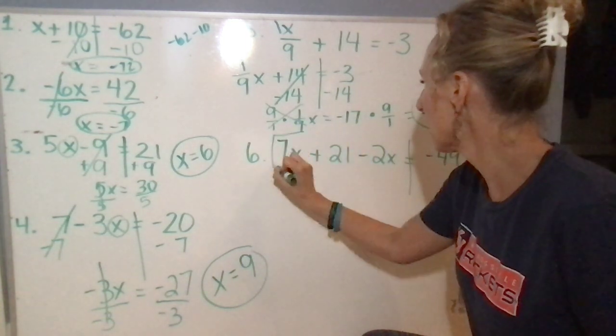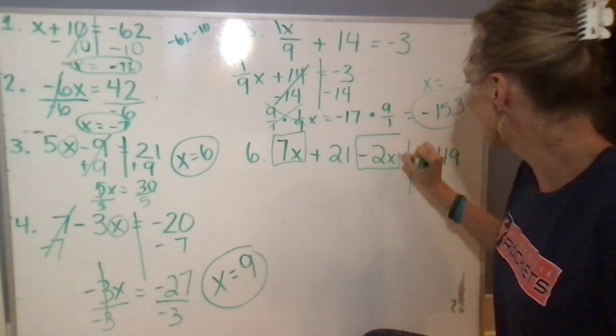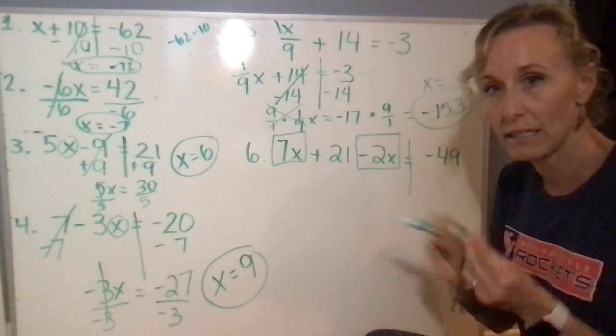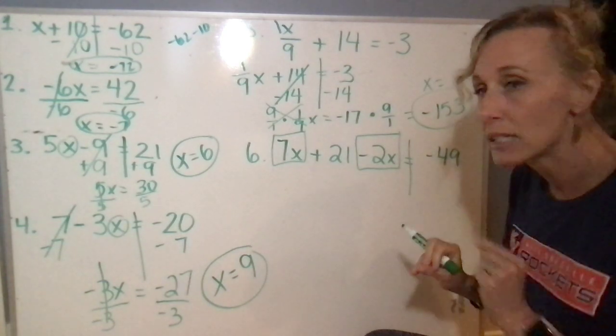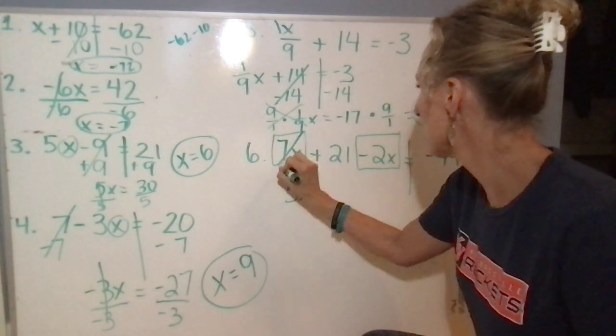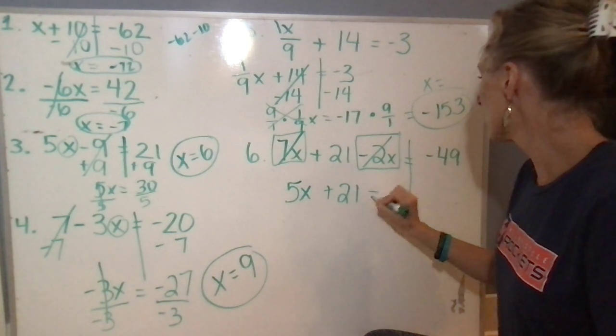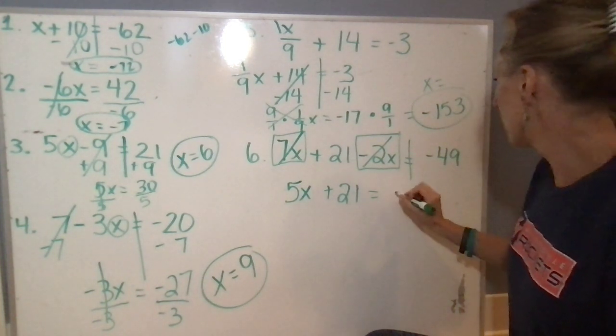So 7x, that's positive. Now what it is minus 2x, because that goes with that too. We got to put that together. 7x minus 2x is going to give us 5x. There, we combine those. Now bring down our plus 21 equals now, I'm way over here, negative 49.